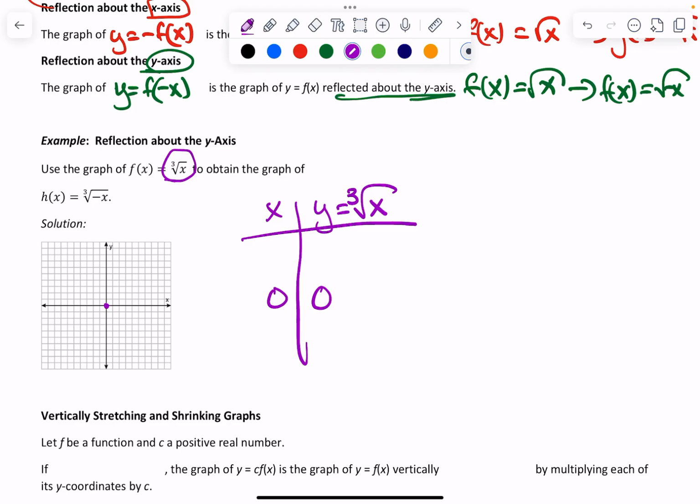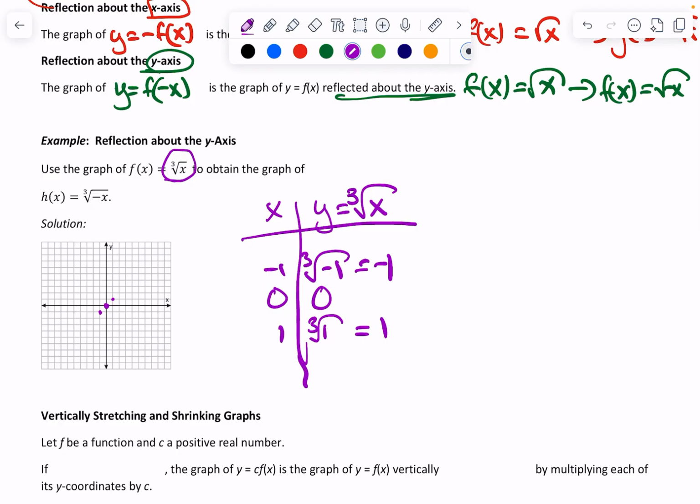The other values, though, we're going to have to look at a cube root of x. Well, 1, cube root of 1 is going to be 1, so that's still a 1, 1. And negative 1 is the same thing. A cube root of negative 1 is going to be negative 1, so it's going to be right here.